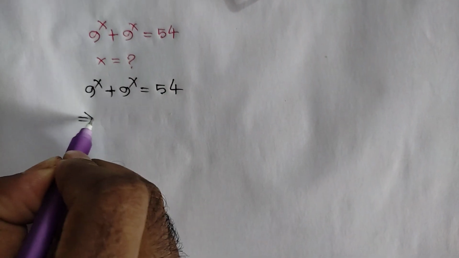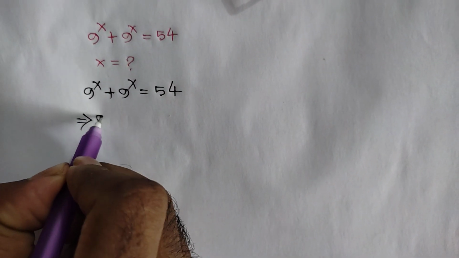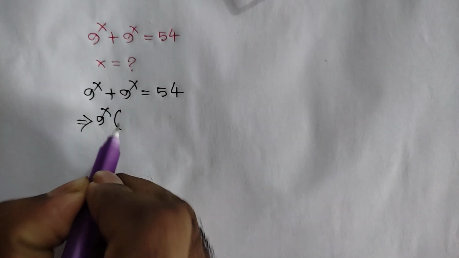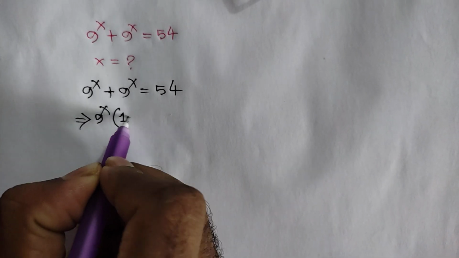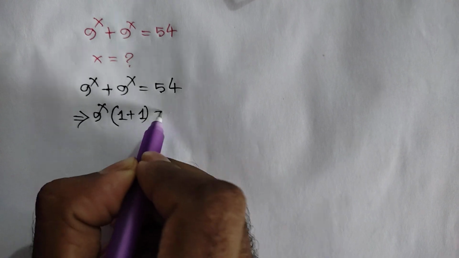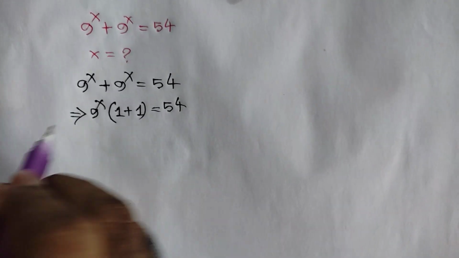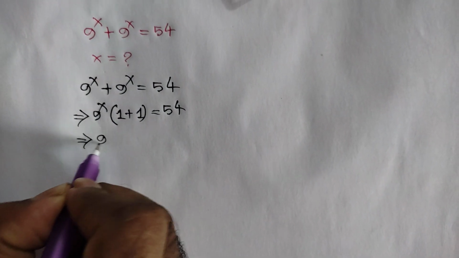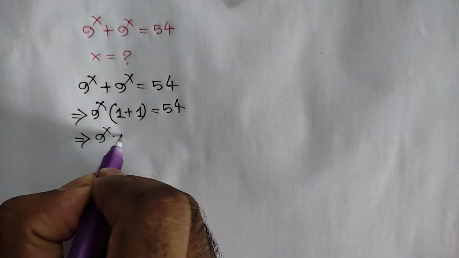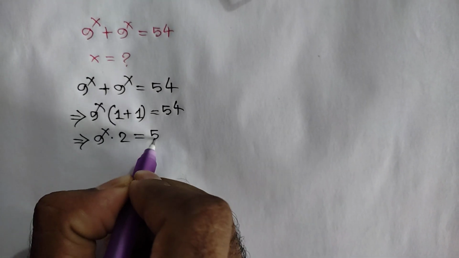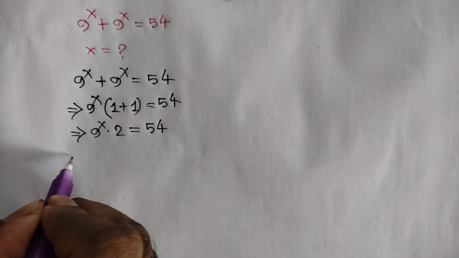At first, taking common 9 to the power x, we can write 9 to the power x times (1 plus 1) is equal to 54, or 9 to the power x times 2 is equal to 54.